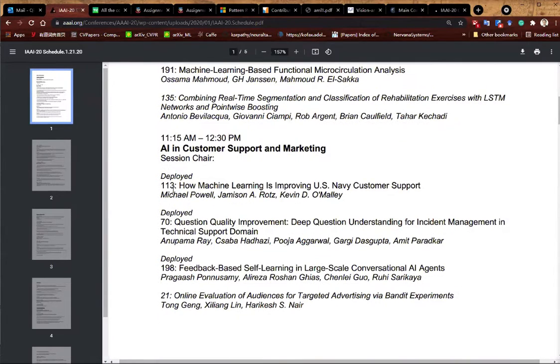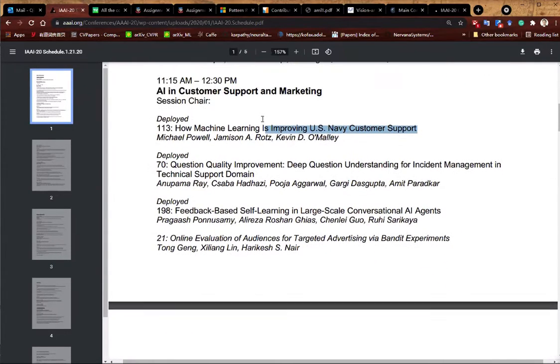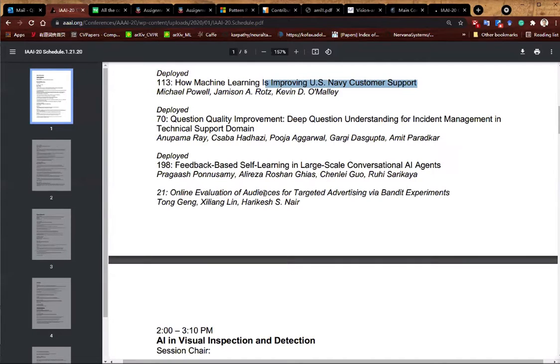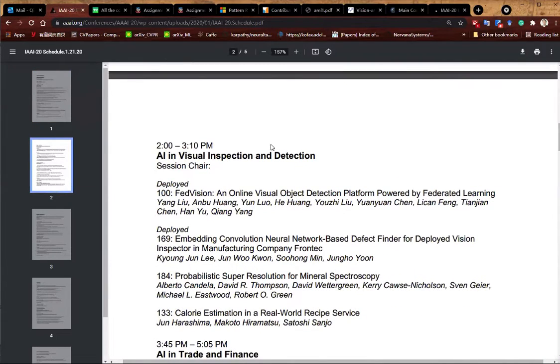So AI in health, and AI in customer support and marketing, like how machine learning is improving U.S. Navy customer support. That is the application, right? Improve the U.S. Navy customer support. Then online evaluation of audiences for targeted advertising, real bandit experiments, and AI in visual inspection and detection, right?